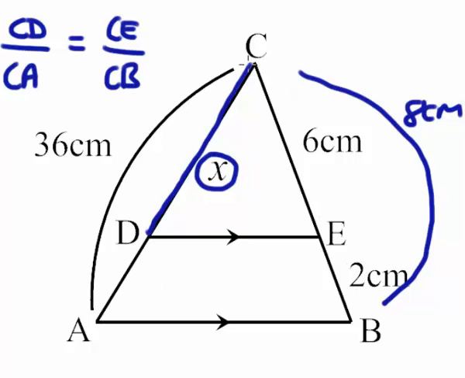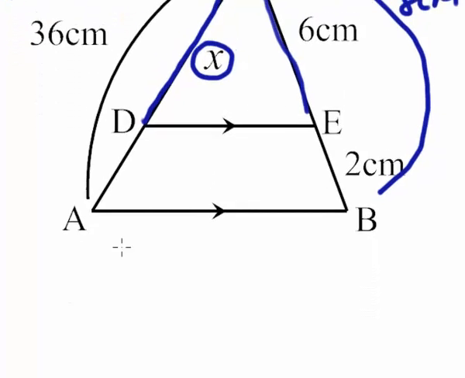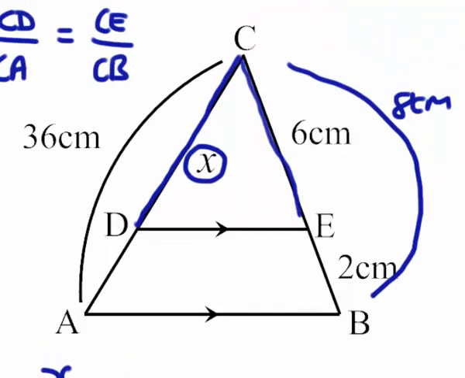The short side CD over the long CA is going to be that side over the long one there. So if we fill in the information that we need, we've got x divided by 36 centimeters.